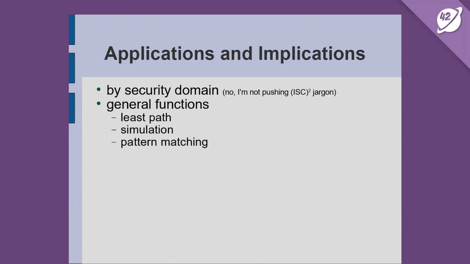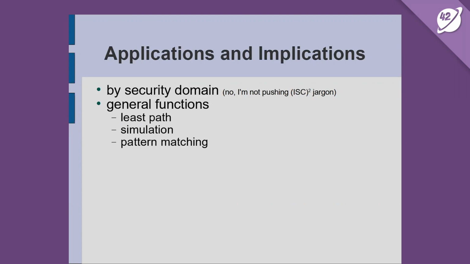So, having provided some of that as background, let's get into specific applications and what we can do with quantum computing in terms of security. I've structured this by the domains of security to give it a little bit of format.